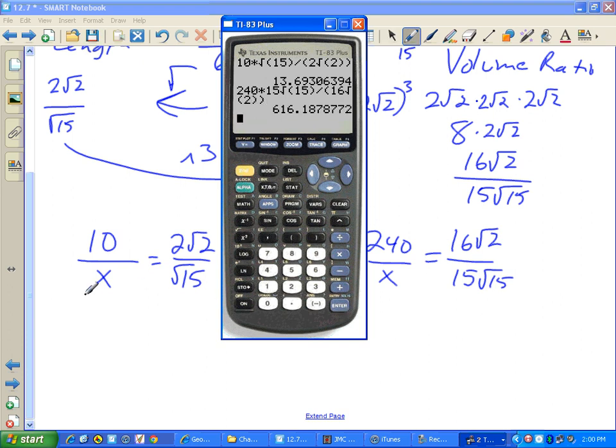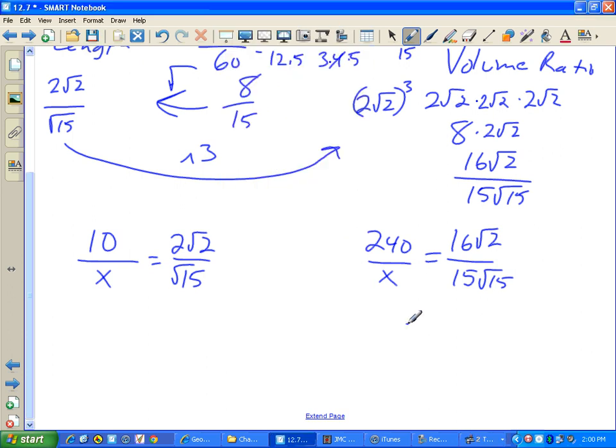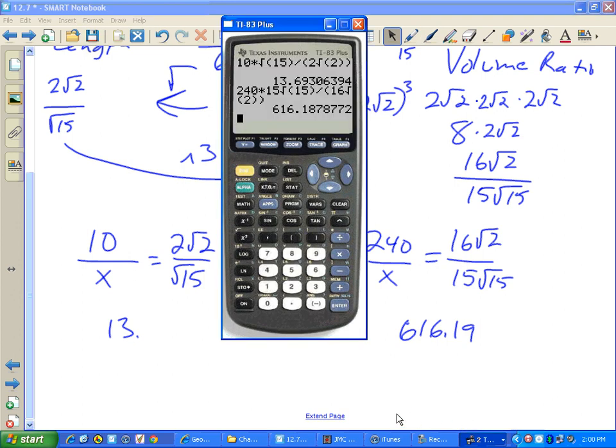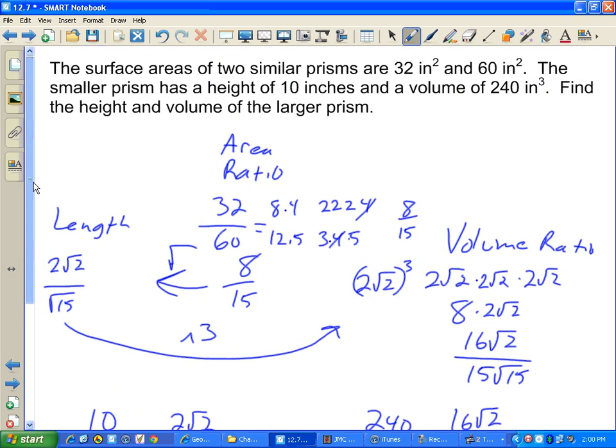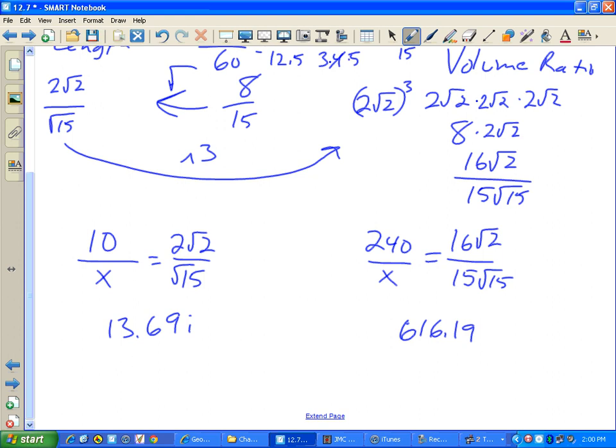Okay, so my height is 13.69. My volume is 616.19. Those were in inches and cubic inches.